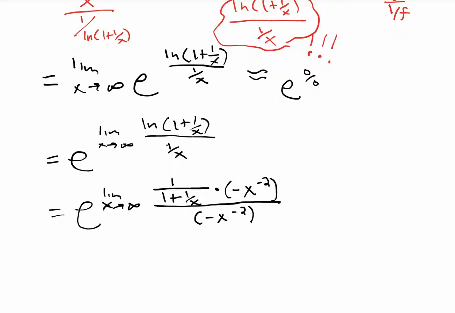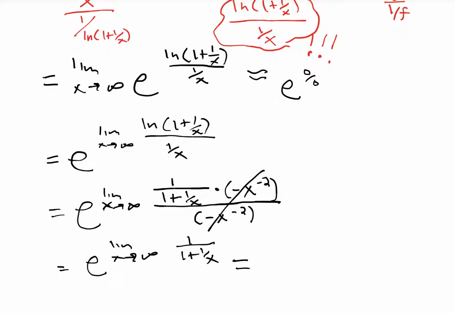Whenever you're doing L'Hopital's rule, you want to simplify as much as you can to evaluate. So at this point, we are left with worrying about what the limit of 1 over 1 plus 1 over x is. That's a lot of 1 overs, but if I'm thinking about what this limit is doing, x is blowing up, this 1 over x fraction is going to shrink off to 0, that means we're really just left with 1 over 1.